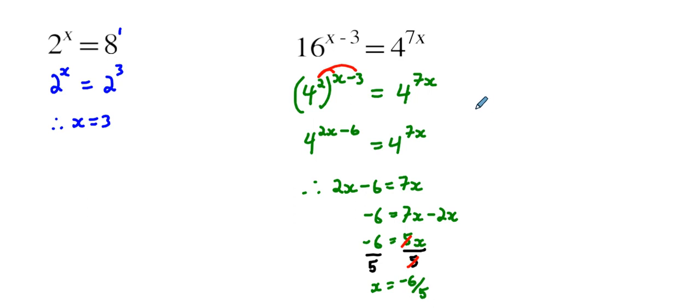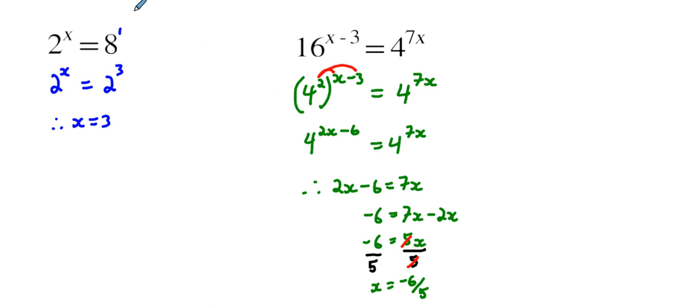Again, very hard to do that reasonably by trial and error, but there we've done it, and we've utilized the change the base method. We changed the 16 to match the base 4, much like we did here, where we changed the 8 to a base 2 to match. That probably wasn't necessary in that first example.